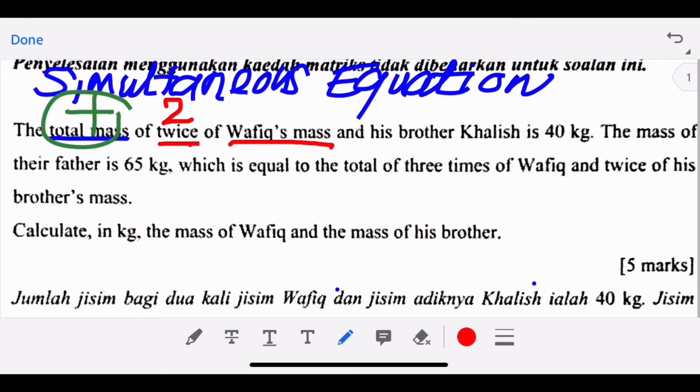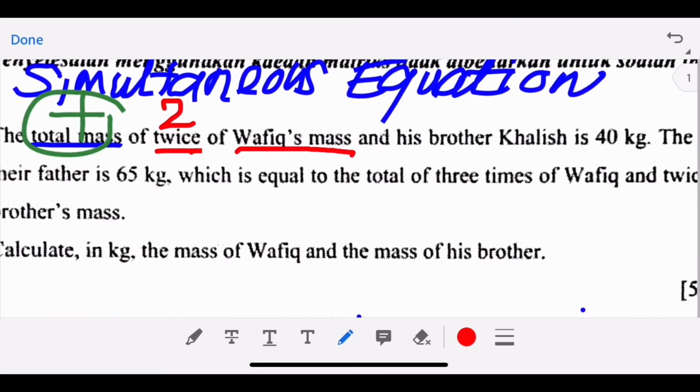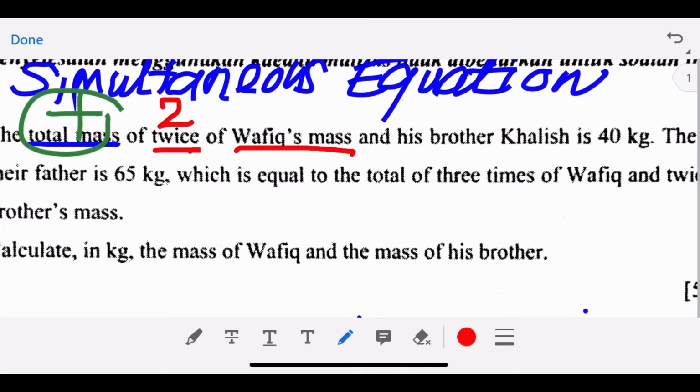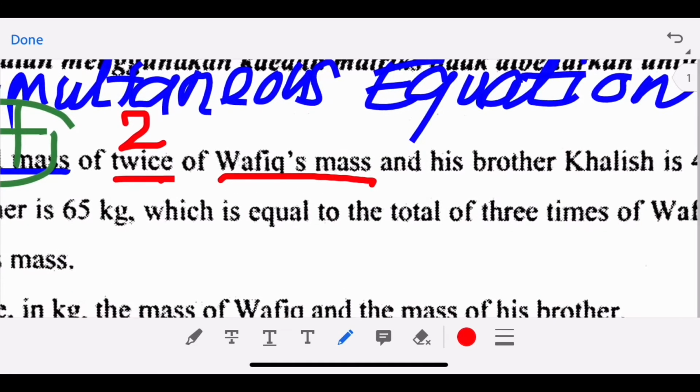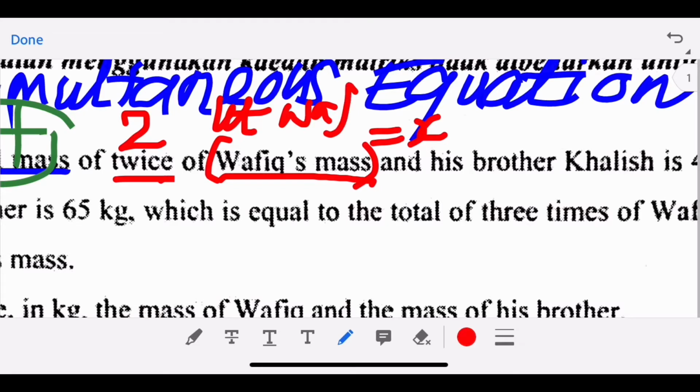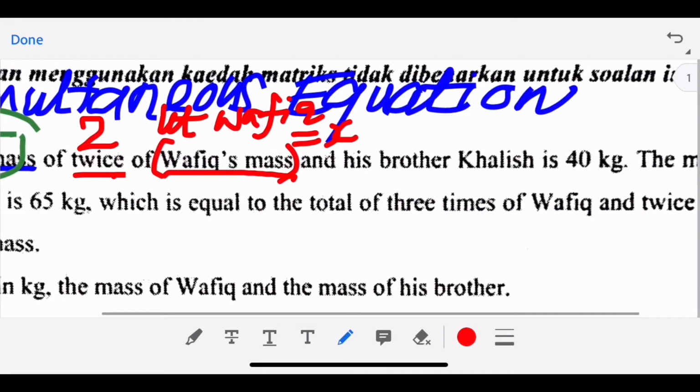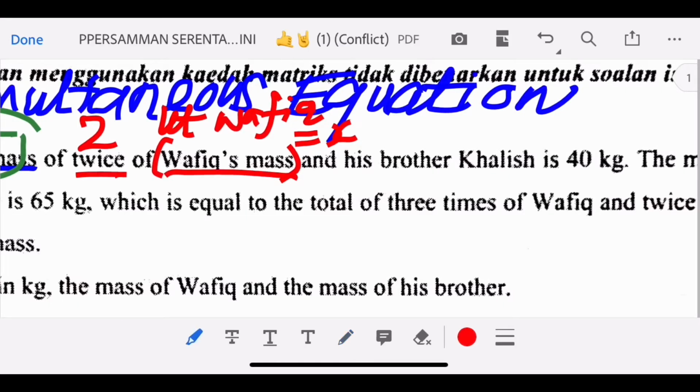When you see Wafid's mass, you represent with X as one unknown. So let's say Wafid's mass is X, and his brother's mass, we need to use another unknown, which is Y. Now we need to form the equation from the first sentence.